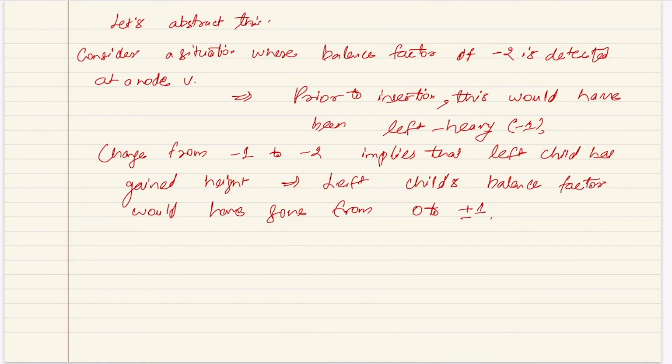Because it is becoming minus 2, that means the left subtree is heavier, and that means it has gained height, and gaining height can only happen when you go from 0 to plus minus 1. This is what we have discussed, right? So you gain height when your balance factor goes from 0 to plus minus 1. If it goes from plus minus 1 to 0, that means you have not gained height.